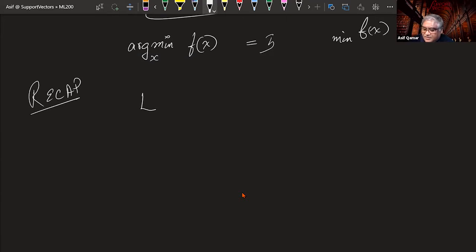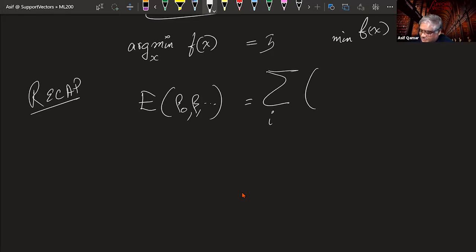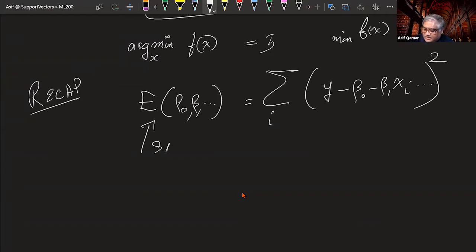The error term, which is a function of beta naught, beta 1, etc., is equal to the sum of y minus beta naught minus beta 1 x i, squared. This is the sum squared error, over all data points, as somebody asked.